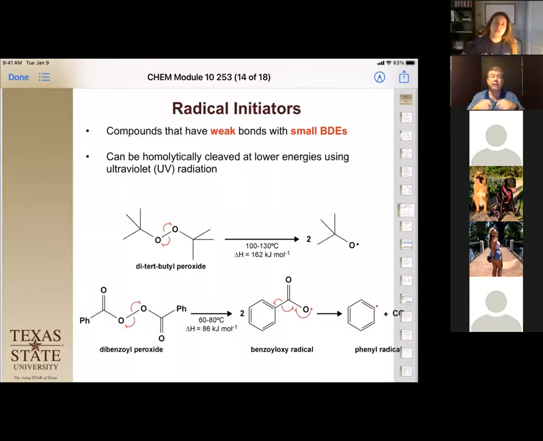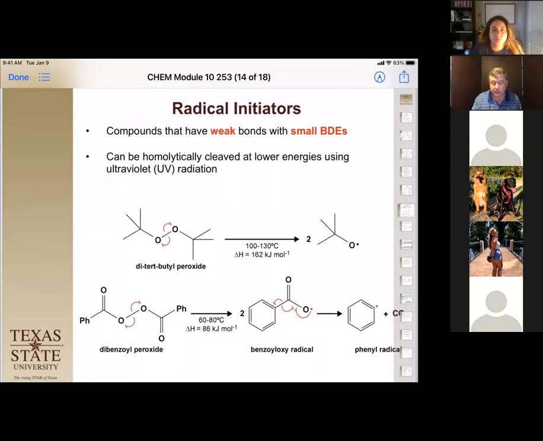So they're more likely to break into two oxygen radicals than to break into an anion and a cation. Okay. So we can influence the stability by adding different things to make these easier to break or harder to break. The easier-to-break ones actually start initiating at lower temperatures.